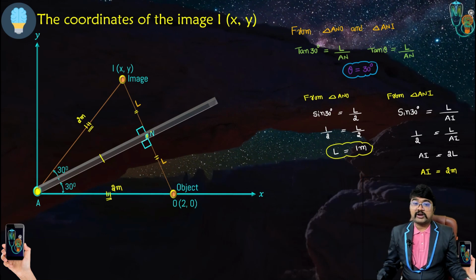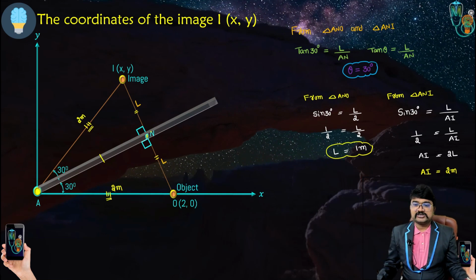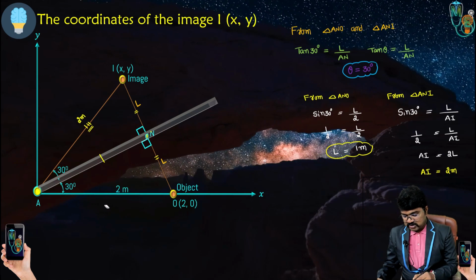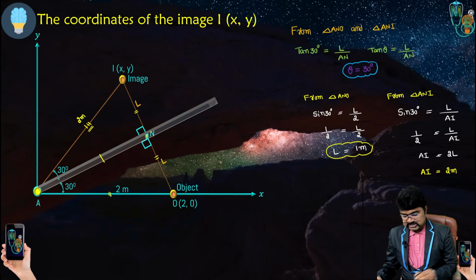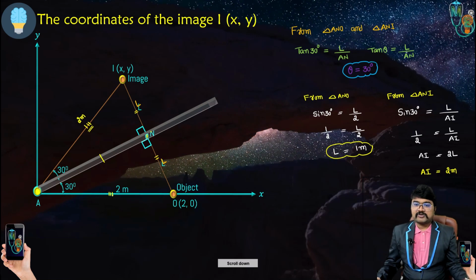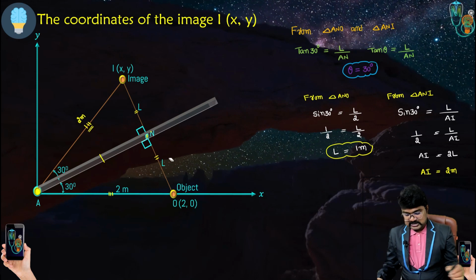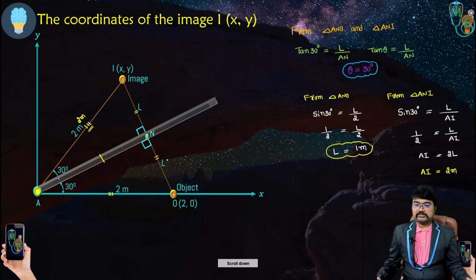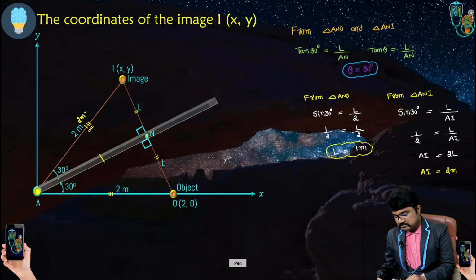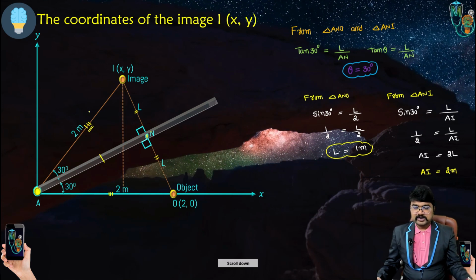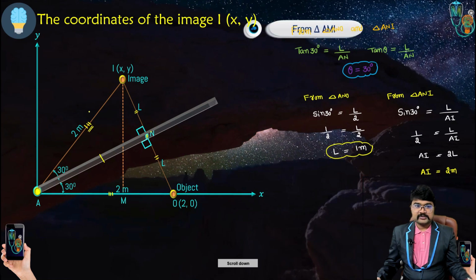Now we need to calculate the coordinates of the image. See here. For that, what do we need to do? Here it is L, L, and this would be 2 meter. So now we can draw a perpendicular.